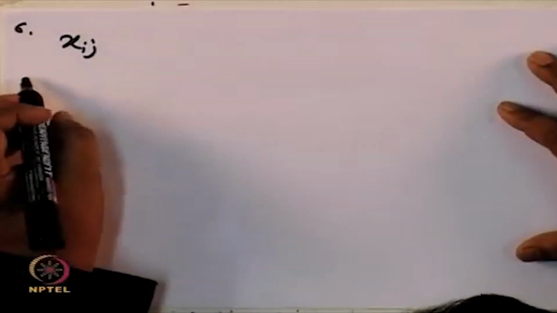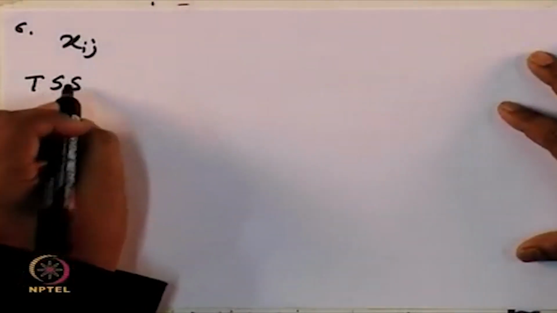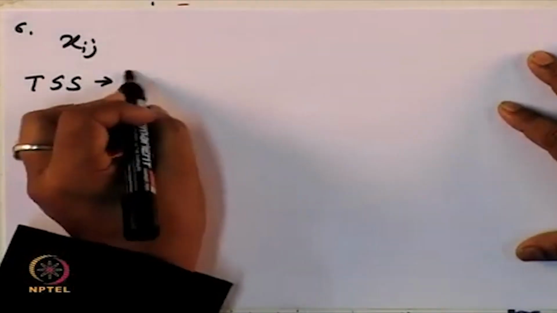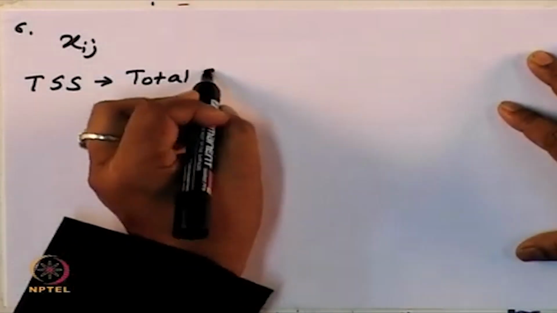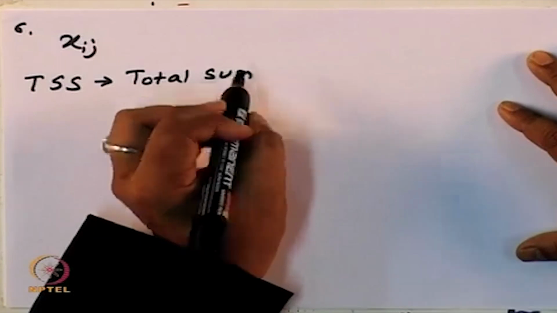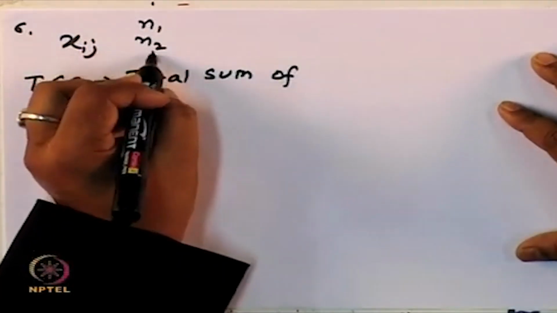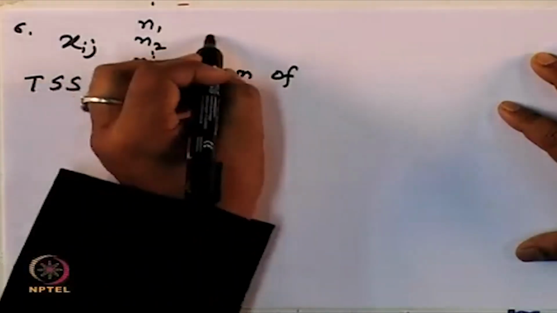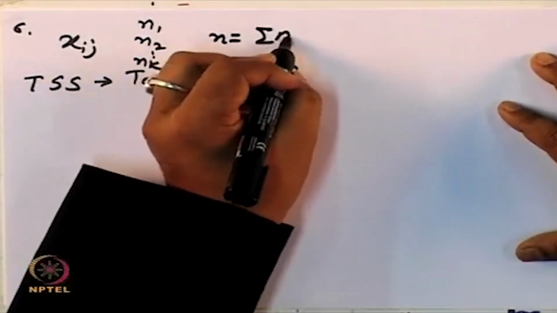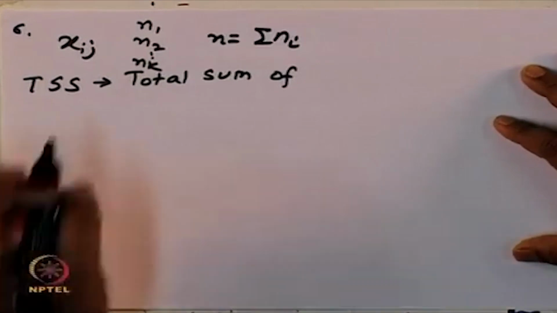Okay. So, you calculate the following quantities. TSS is the total sum of squares, and you have samples drawn of sizes n1, n2, up to nk. You define n as the summation of all ni.